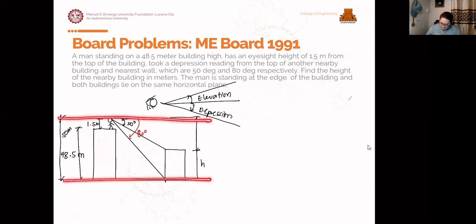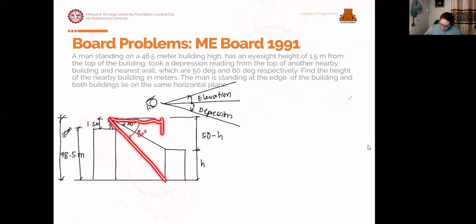Yan. So, kung 50 meters to, and then h to, ano itong distance na to? Meaning that is 50 minus h. Okay? And ang pinapahanap sa atin is yung height ng building.